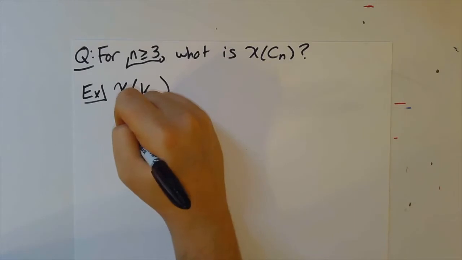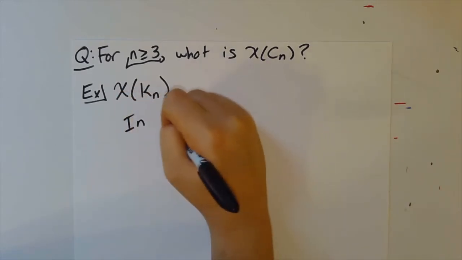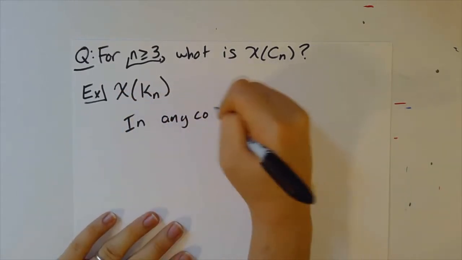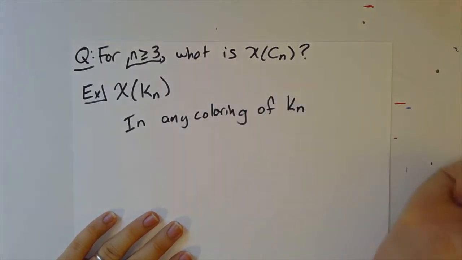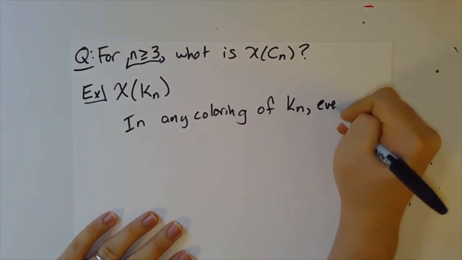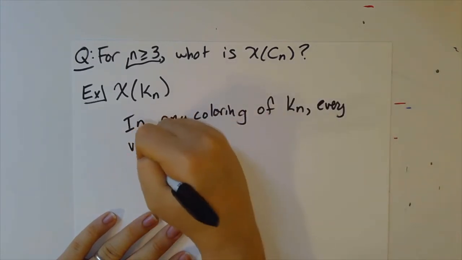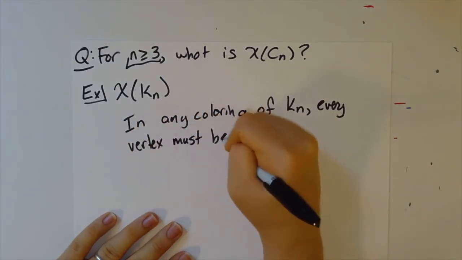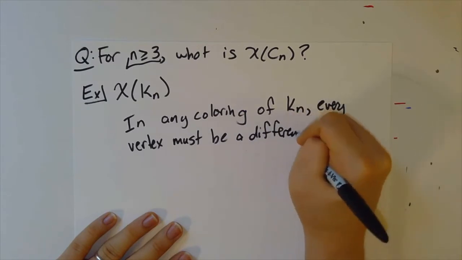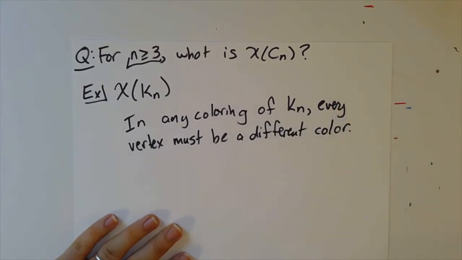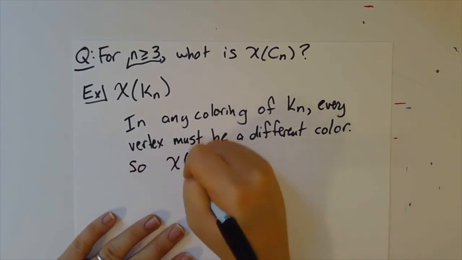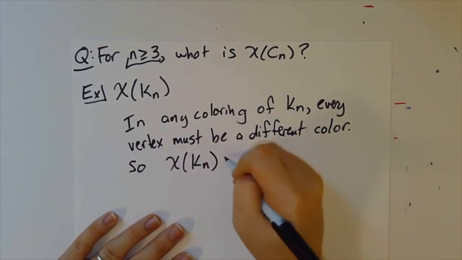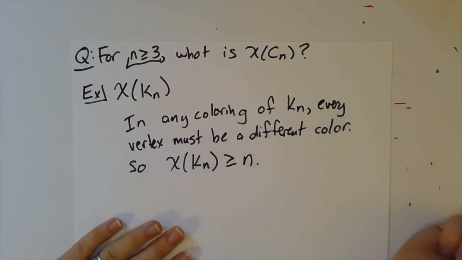Okay, so in any coloring of the complete graph on n vertices, every vertex must be a different color. So that means that chi of the complete graph on n vertices is definitely at least as big as n.